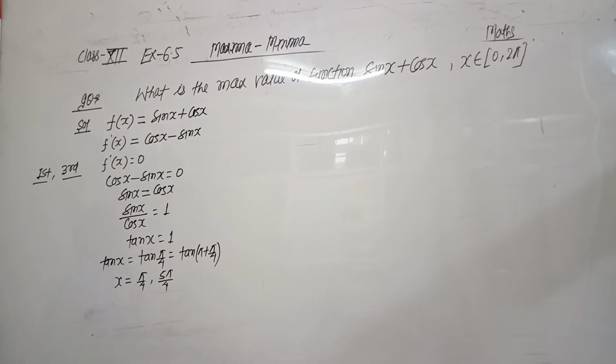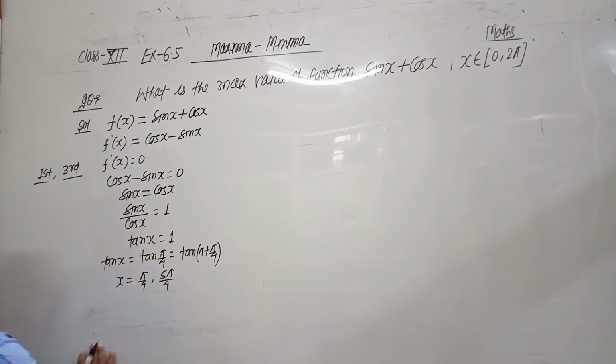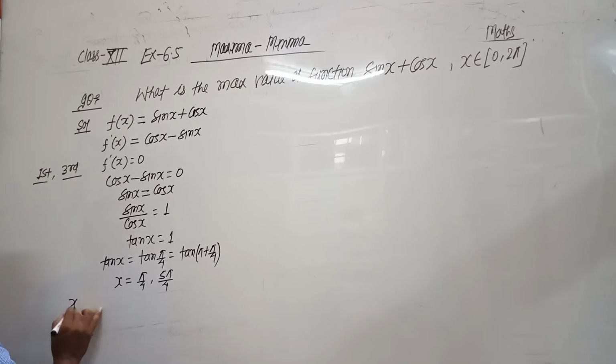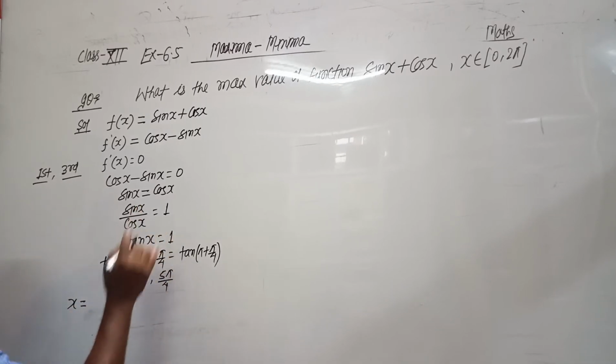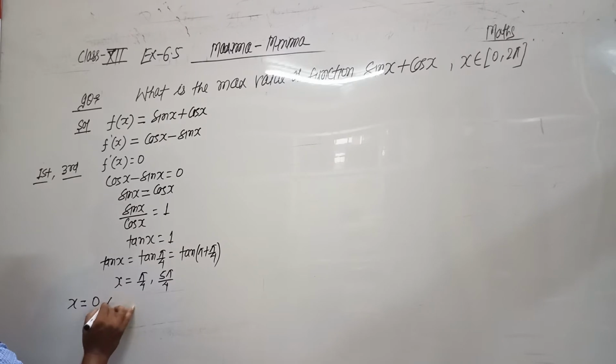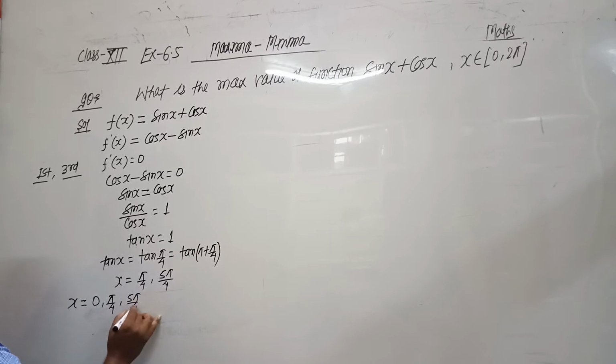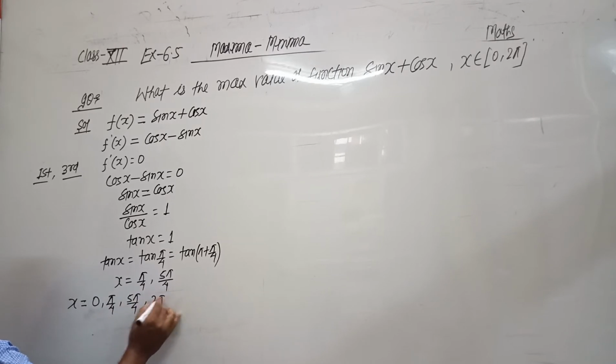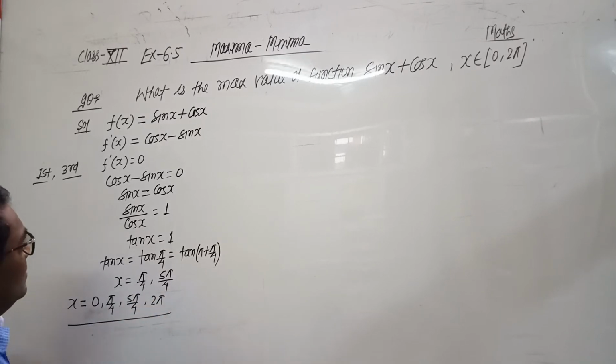So already we had been given two values, 0 and 2 pi, and two values we have calculated. So the total values we have are 0, pi by 4, 5 pi by 4 and 2 pi. In all these values, we have to check at which point the function has maximum value.